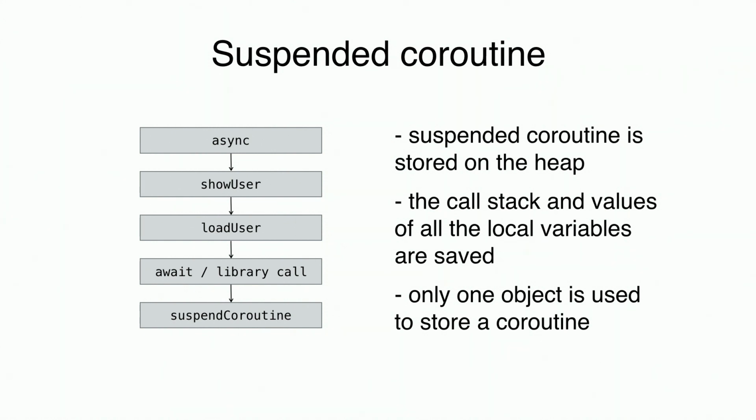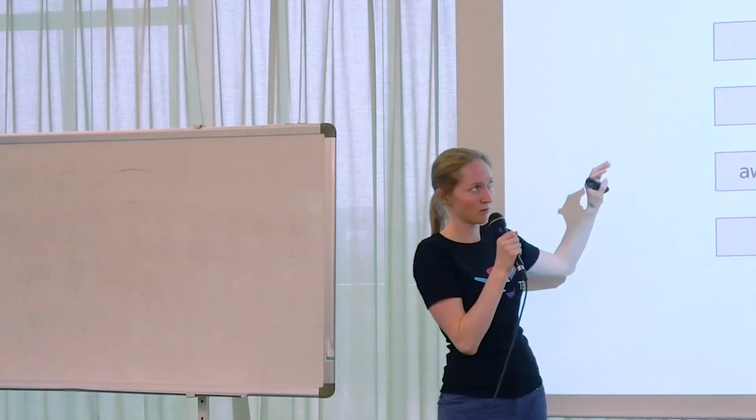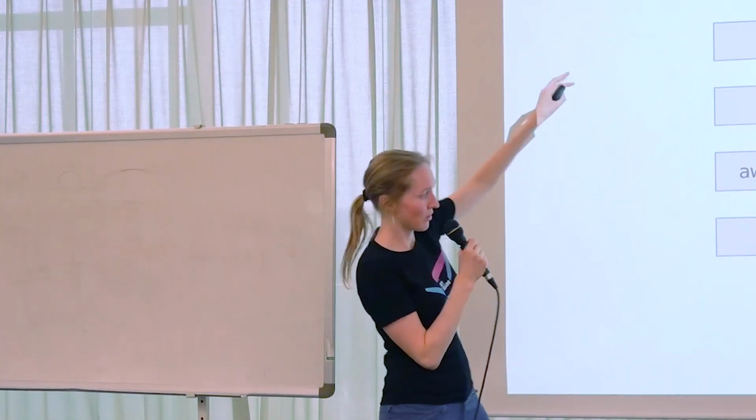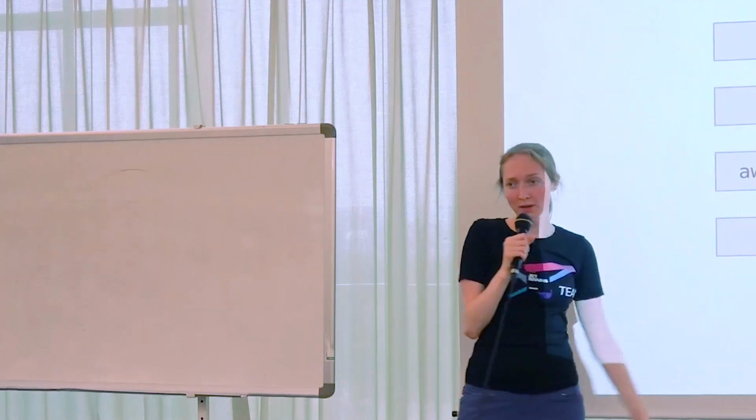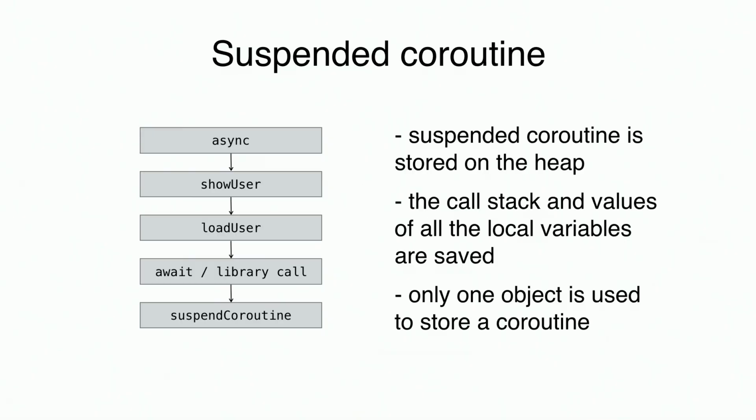A thread requires several megabytes, I think 2 probably, or more, and coroutines several kilobytes, hundreds of kilobytes or so on. So it's much cheaper. You can create many more coroutines, and in general, it's cheap to create coroutines, suspend them, create lots of coroutines for different tasks, and so on.